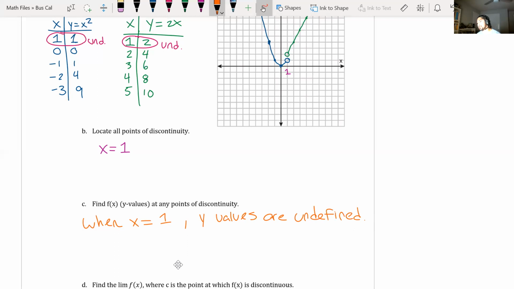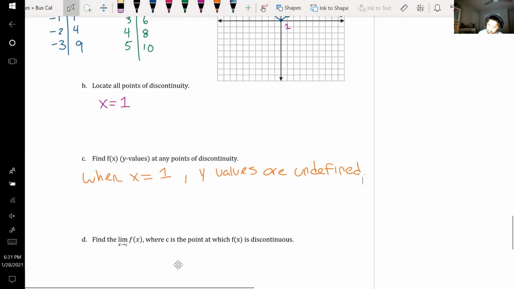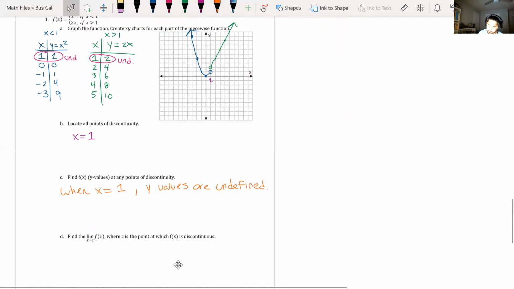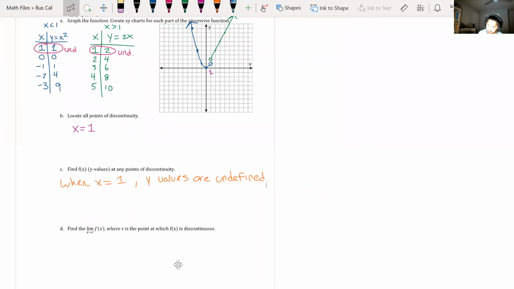Limits don't exist. And once again, we can't state y values because they're both open circles. Does that make sense? Yes. Because they're both open circles, that's why it's undefined. If they were closed, then we could say y is 1 and y is 2. Okay.